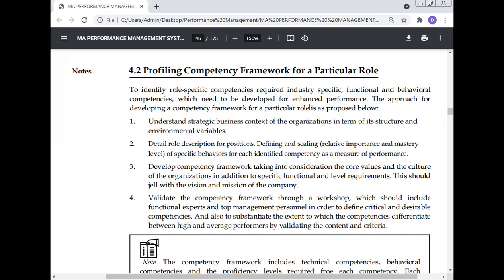Defining and scaling the relative importance and mastery level of the specific behavior for each identified competency as a measure of the performance.